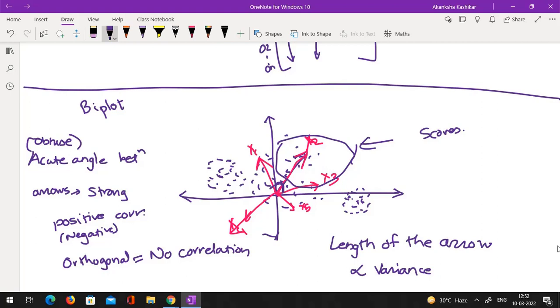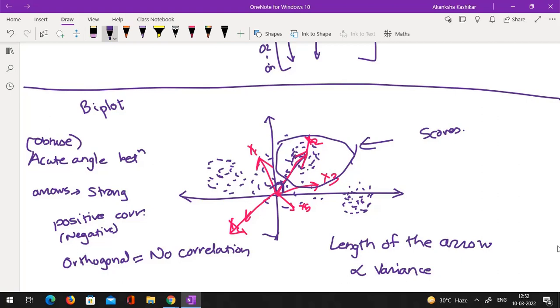So this particular group is on the opposite side of x4. Now x5 and x3 being directed towards this group would mean that this group has higher values of x3, x5 compared to, say, this group which is on the opposite side.